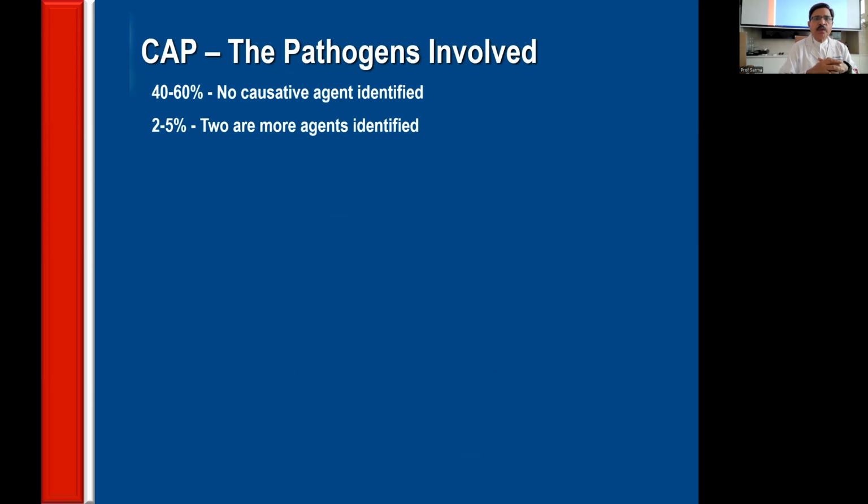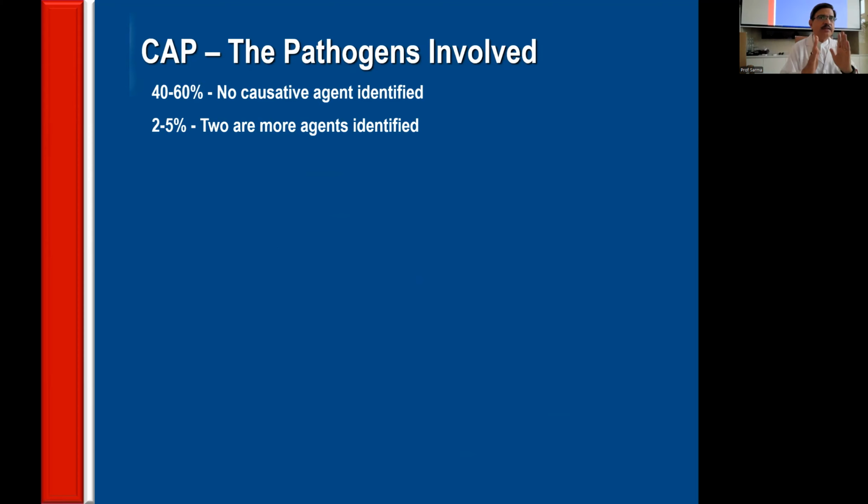Now, the pathogens involved: in 40 to 60% no causative agent can be identified. In 2 to 5% of the cases, 2 or more agents may be identified. Generally, unless it is an institutionalized pneumonia, like hospital acquired, ICU acquired, or ventilator acquired pneumonia, we do not have to do culture.